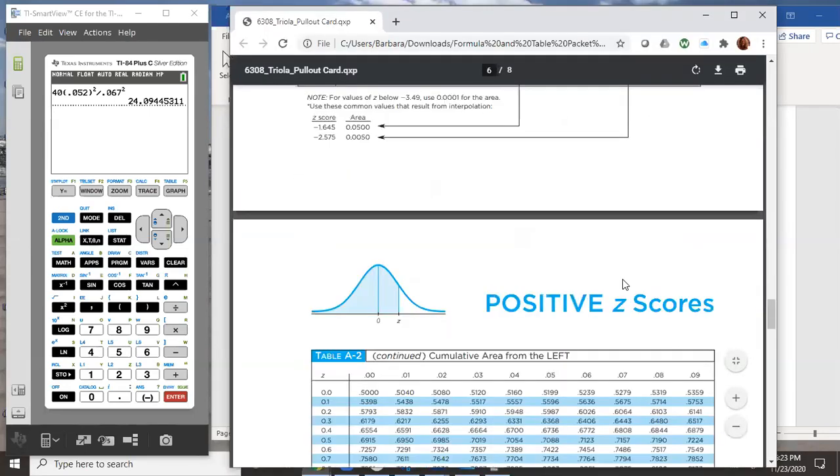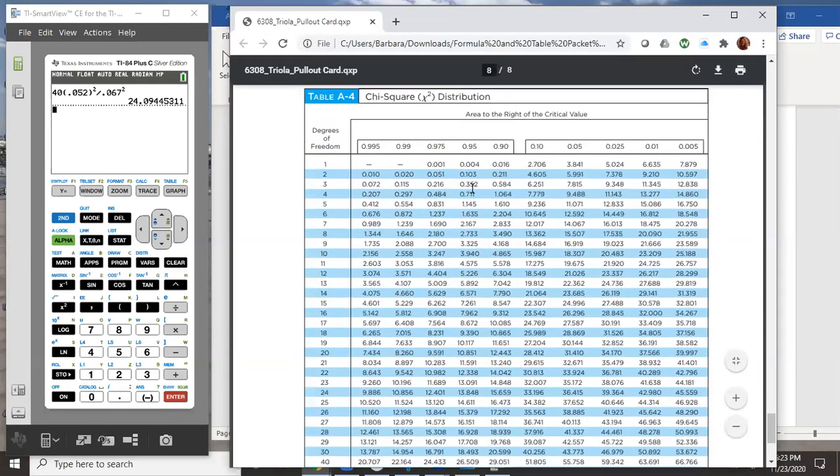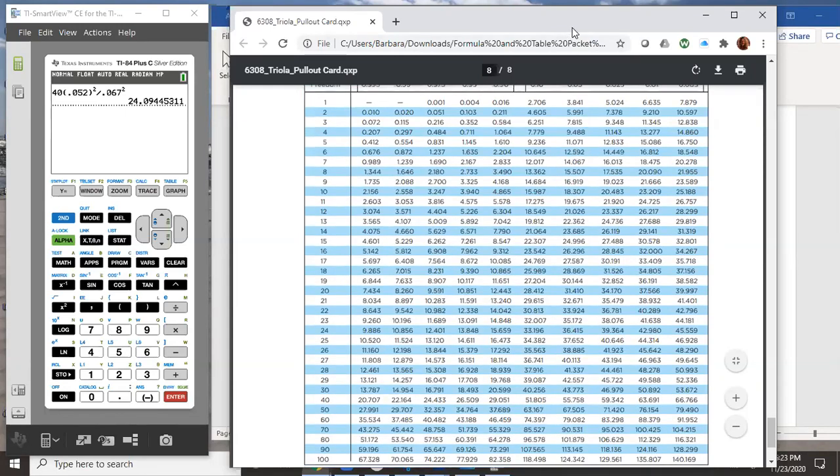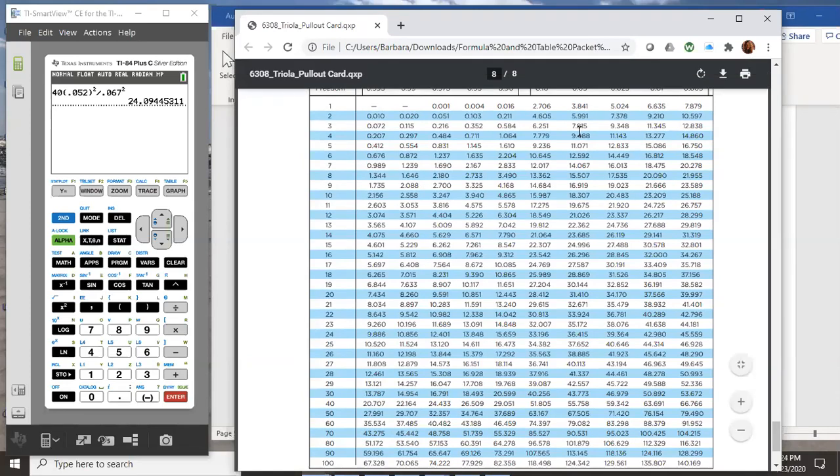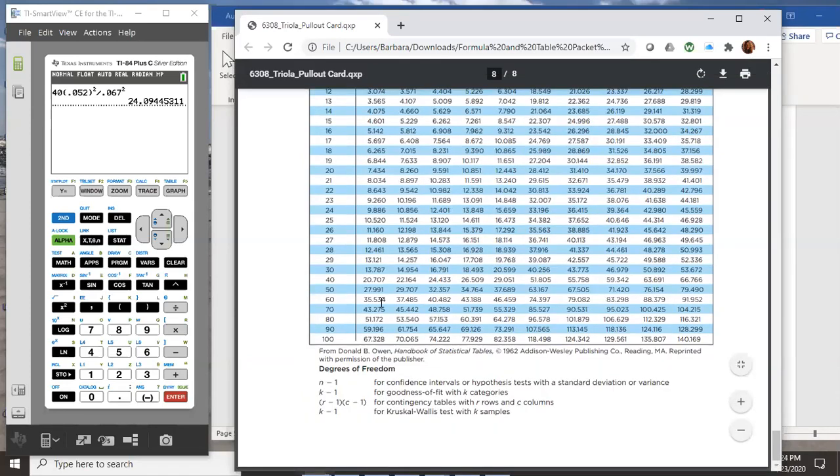So go all the way to the bottom. The area to the right is 0.05, so that's the second column in the second set. I'm going to say 1, 2, 3, 4 columns over from the right. And I think it's 40 degrees of freedom? Or is it 60? It's 60. Okay, so we're going to go down to 60.